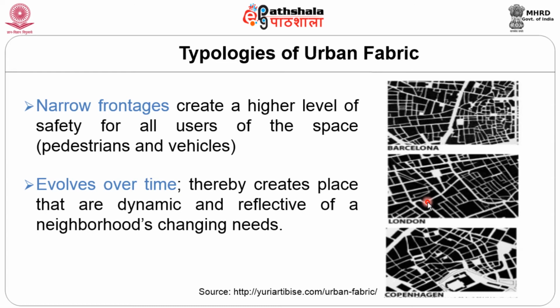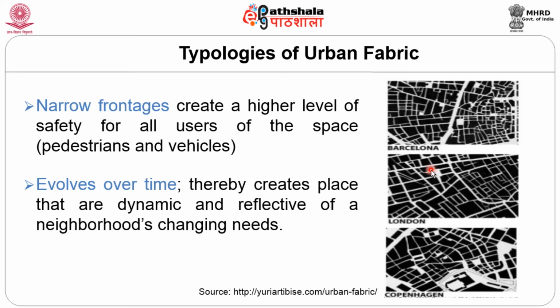Also in a fine grain city, from the figure ground maps of London, Rome, Barcelona or Copenhagen, you can see that there are very narrow frontages. Narrow frontages increase a lot of safety and a lot of interaction among the users. It also evolves over time. This leads to a dynamic and changing city. It always keeps changing based on the needs of the people.